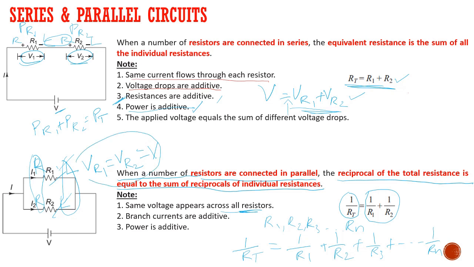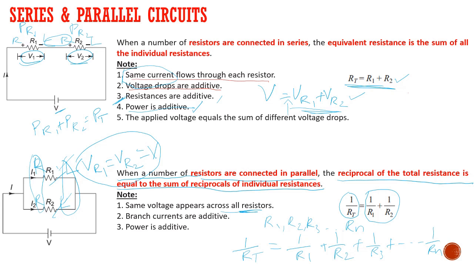So voltages must be the same in parallel, whereas in series we have seen the current must be the same.